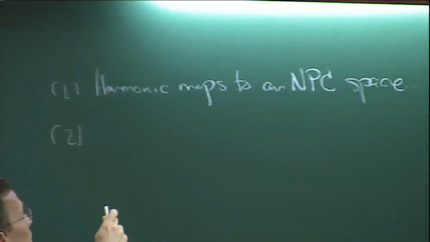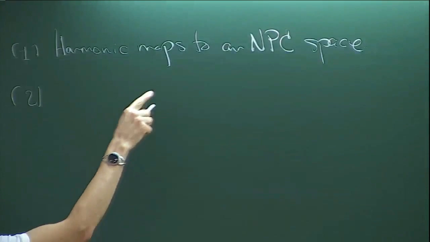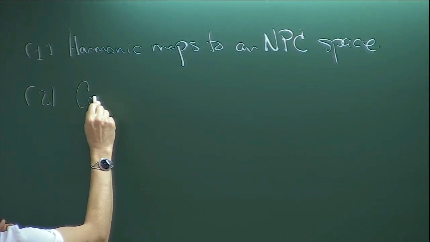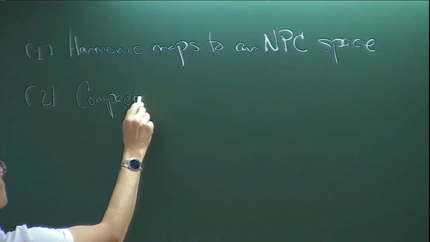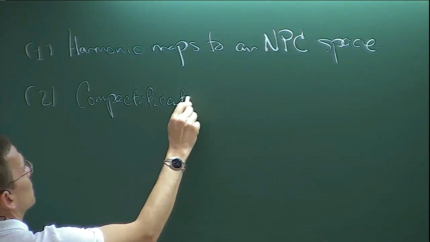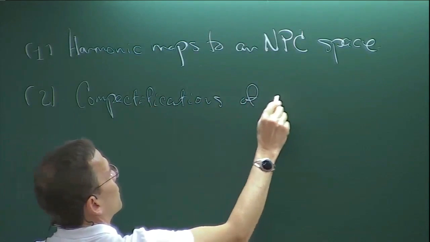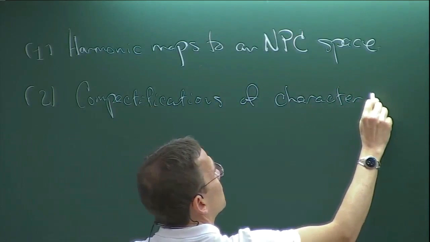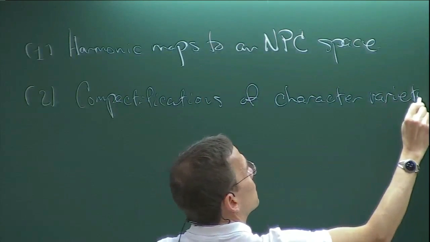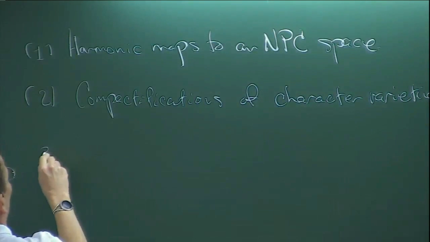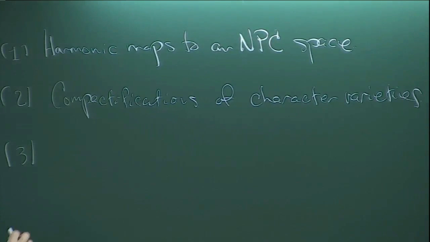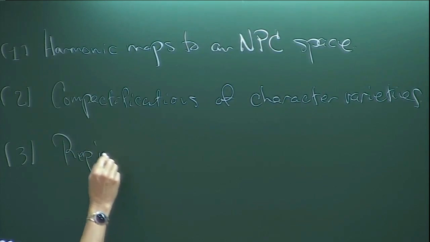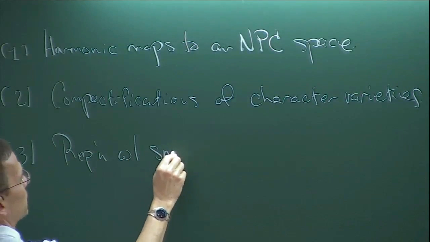And then I'll give some sort of a relationship here with compactifications of character varieties. And then the third one will be the Higgs bundle application to what I call representations with smooth spectral data.